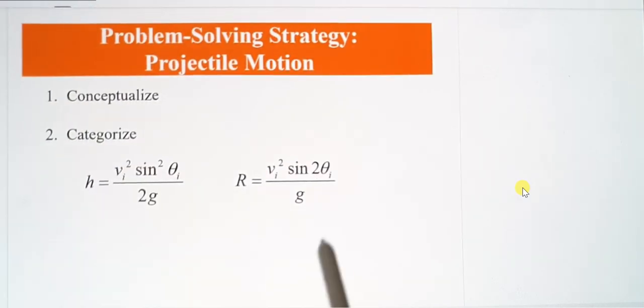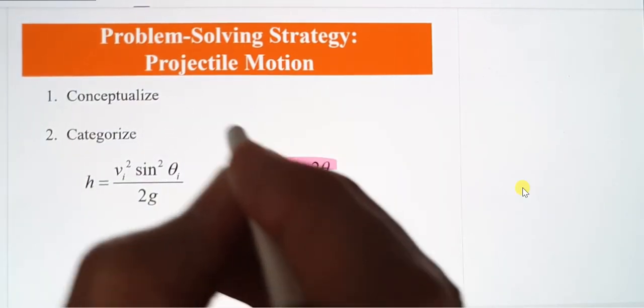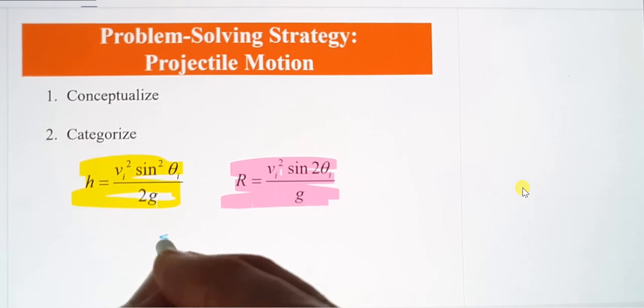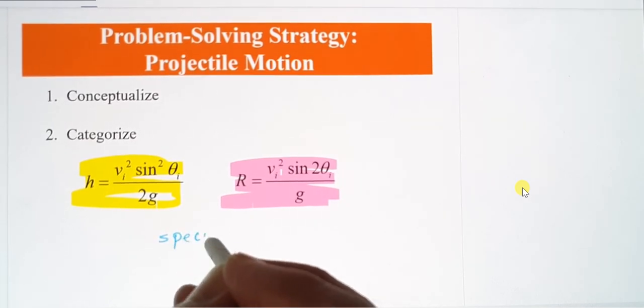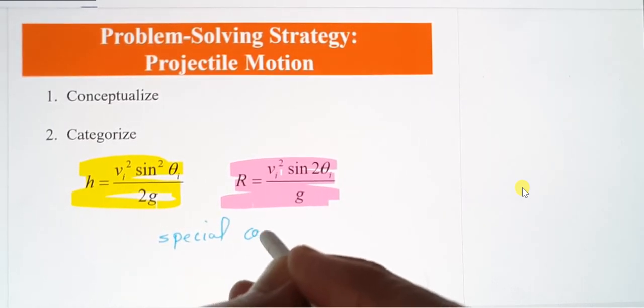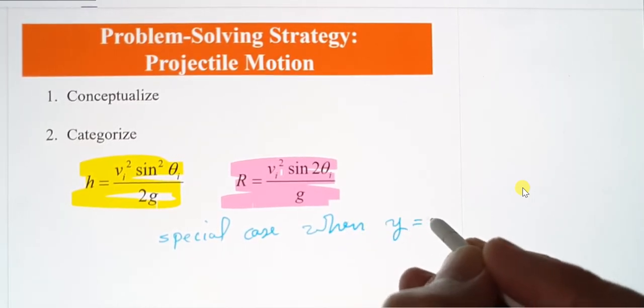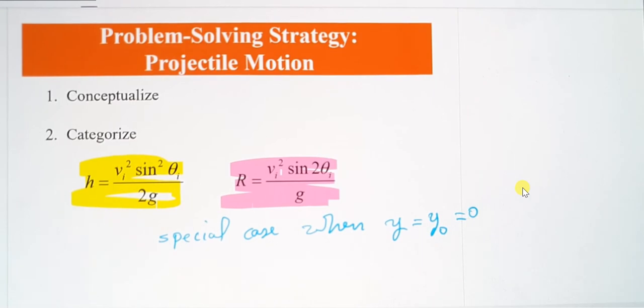So as I said, for these two equations, again I repeat, this is a special case when y naught is equal to 0. So be careful when you use these two equations.